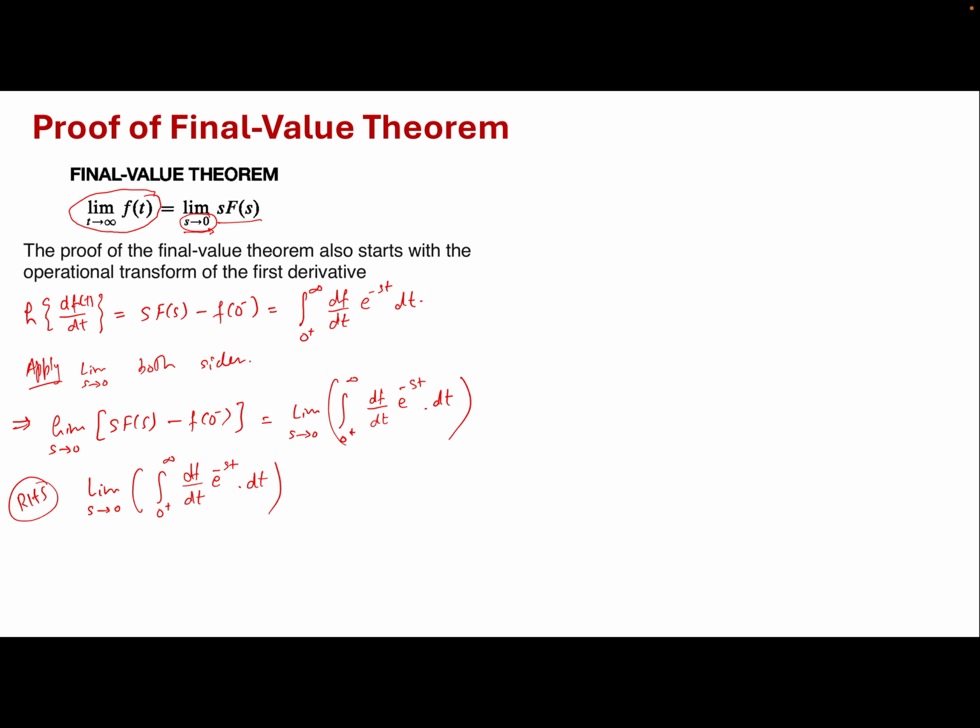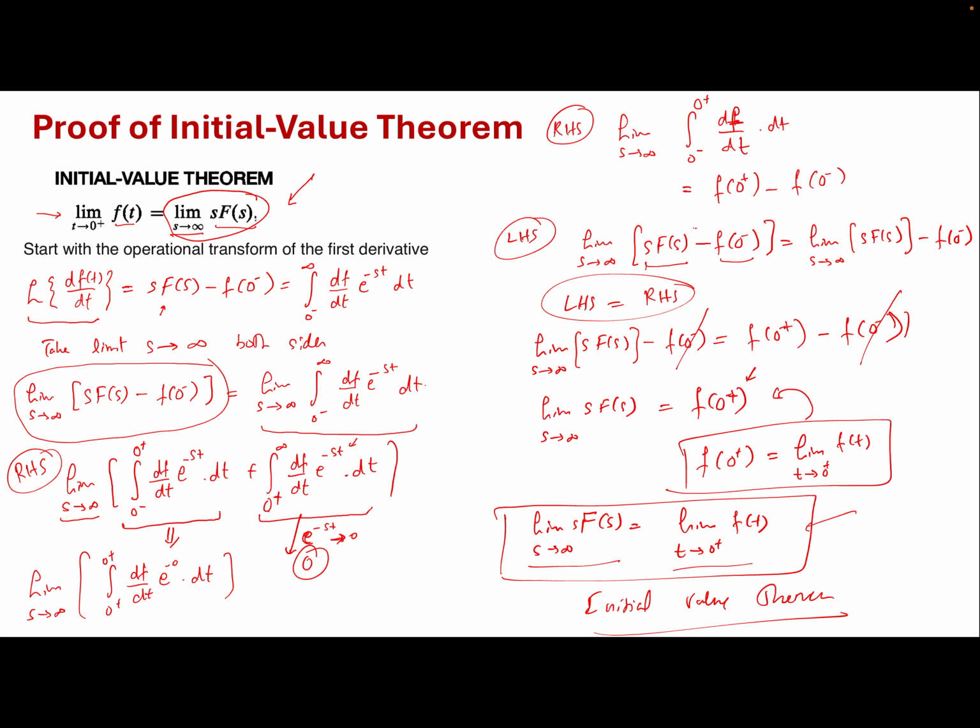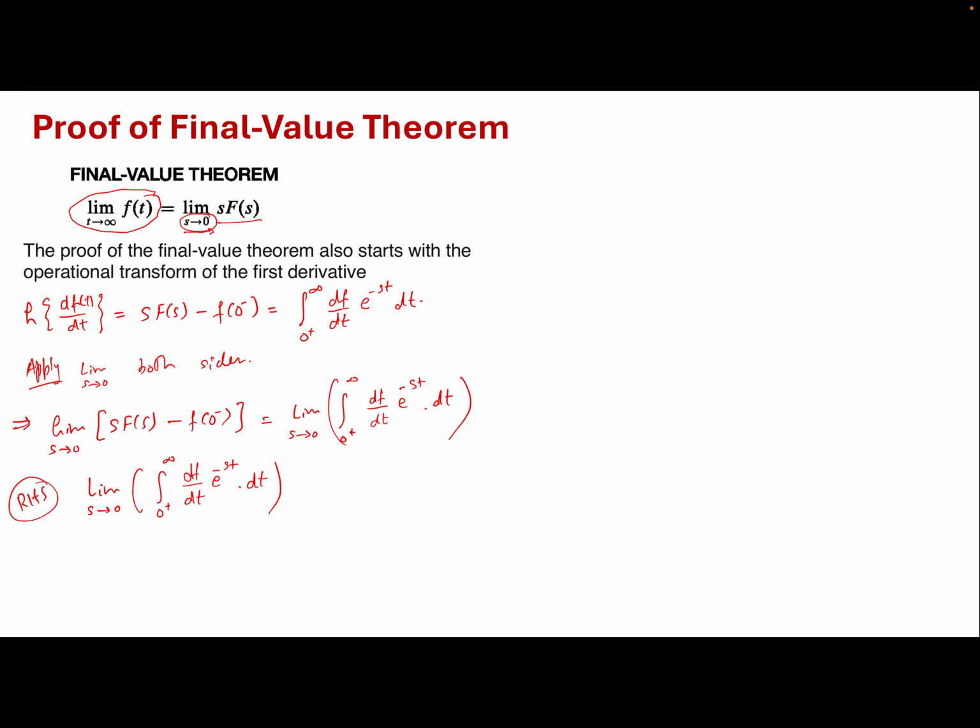Now I am going to do something very similar to what we have done before. Over here we have a limit as s approaches 0, the integral from 0 positive to infinity, and df over dt times e raised to minus st.